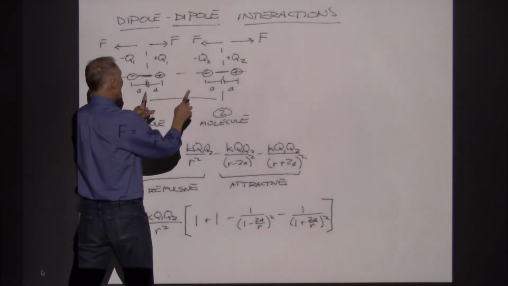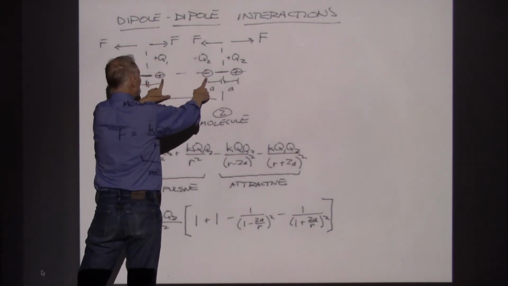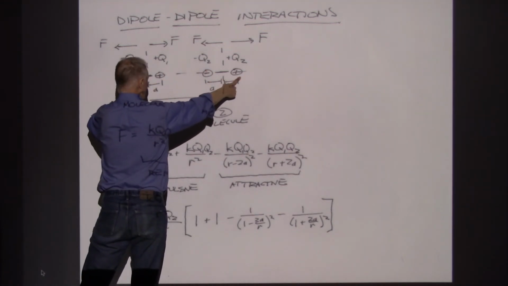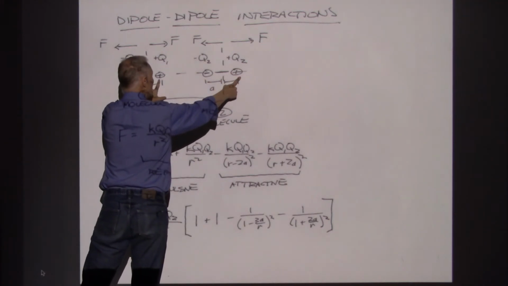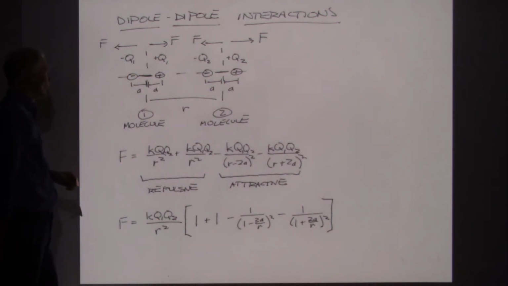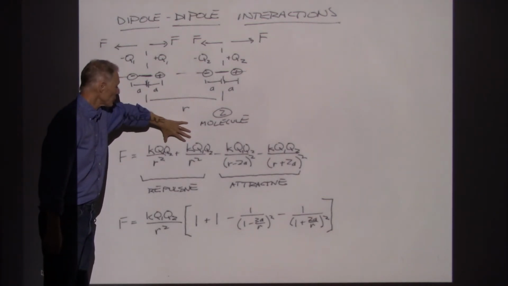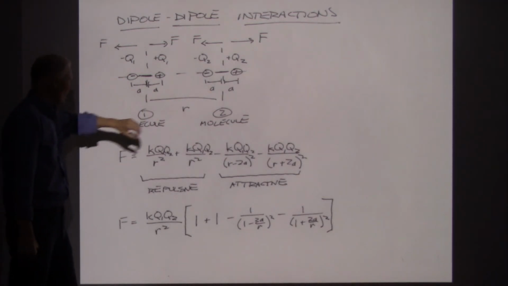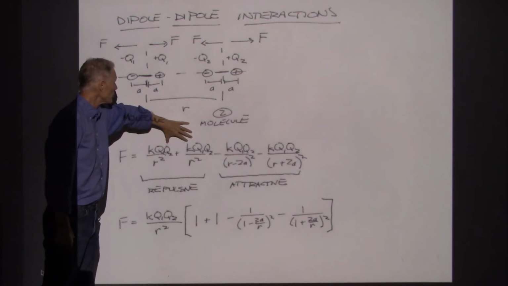Now I can think of that as how many interactions are there? Well, there's one here, those are both attractive. And then there's one here, and those are both repulsive. So I'm writing down two forces that are attractive. These are going to tend to draw the two molecules together.